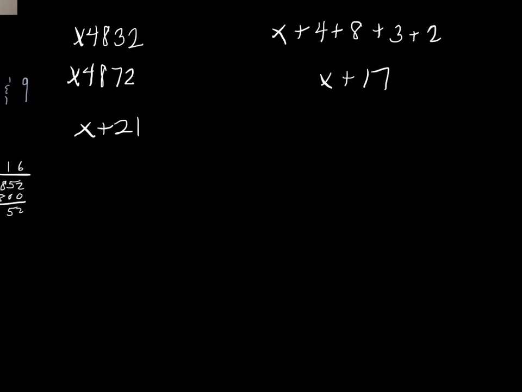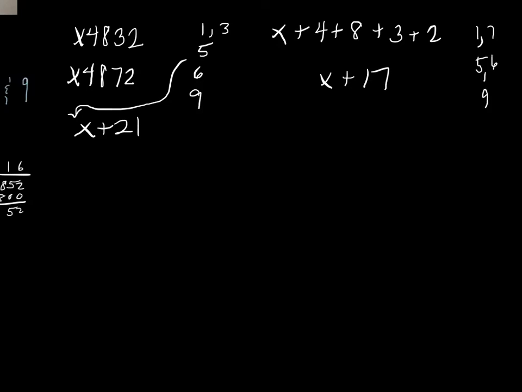For the one on the left, 1, 5, 6, 9, because x can't be 7. And this one can be 1, 3, 5, 6, and 9.